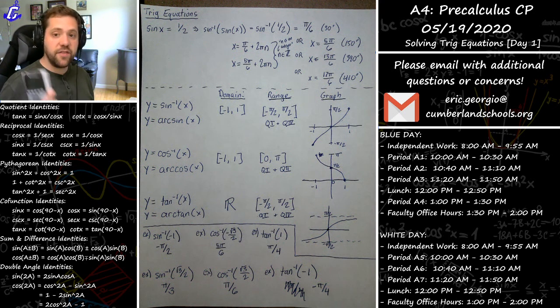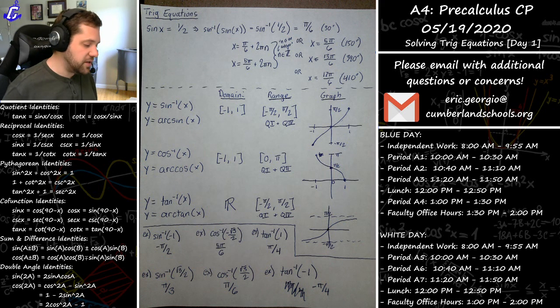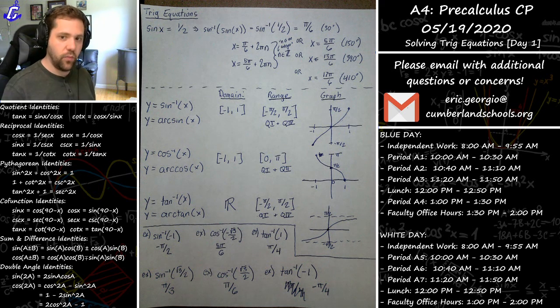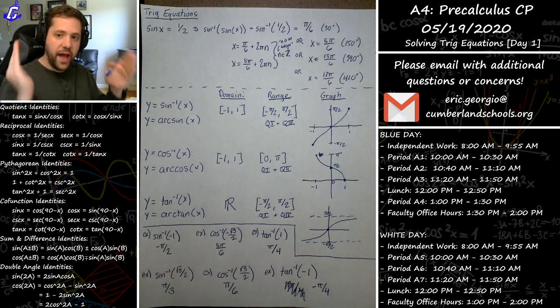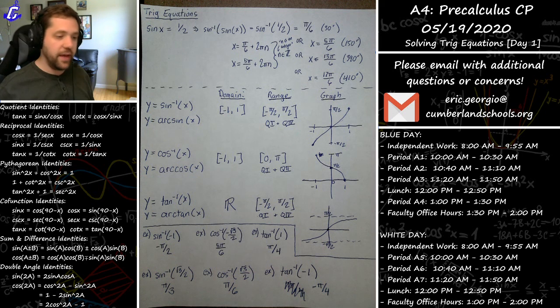Now, a lot of this was just to answer the question of, why does the calculator only tell you one answer? Why doesn't the calculator tell you all of these other possible answers? And the reason is because of how the domain and range have to be restricted so that the function is invertible and passes the horizontal line test. Okay?